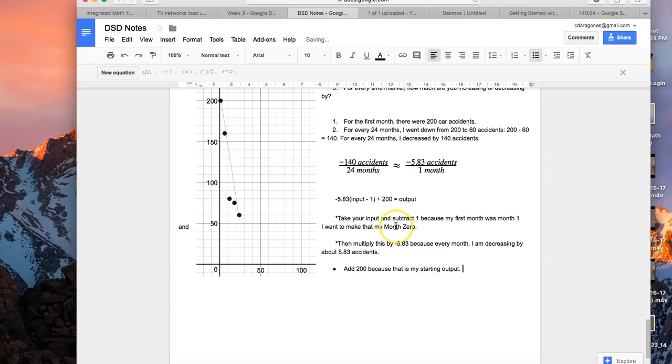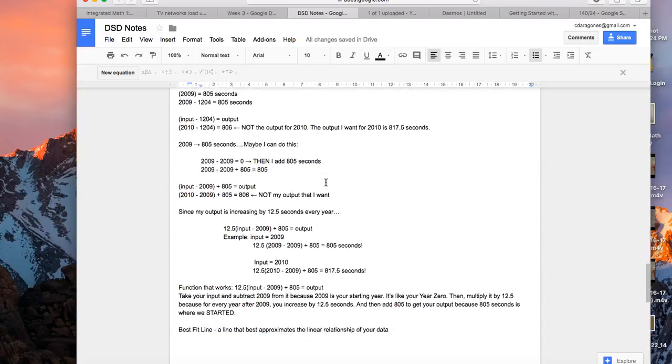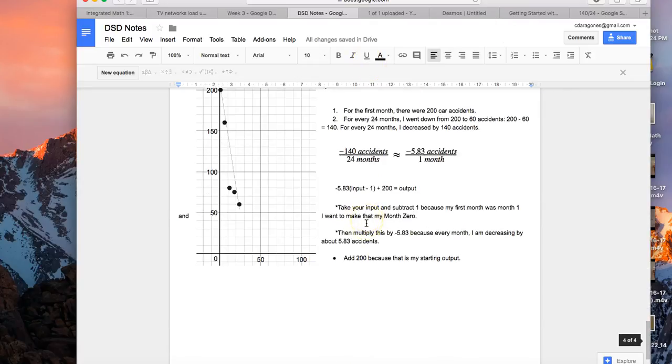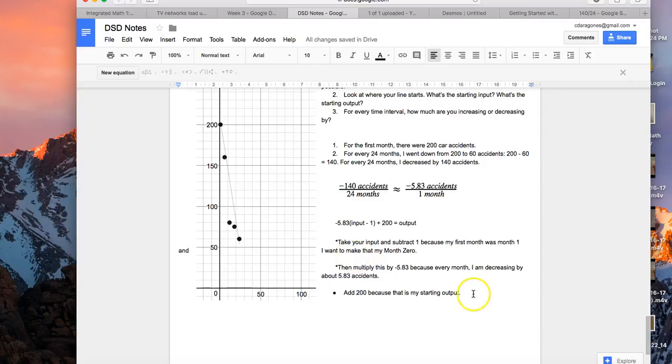So it's exactly the same as my creating of functions here. I wanted to make 2009 my year 0, multiply by 12.5 because that was my increase, and then add my starting output. So same thing here, except now you're working with months and car accidents. So my function is: take my input, subtract 1, multiply that by negative 5.83 because that's how much I'm decreasing by, add 200, and that gives me my output.